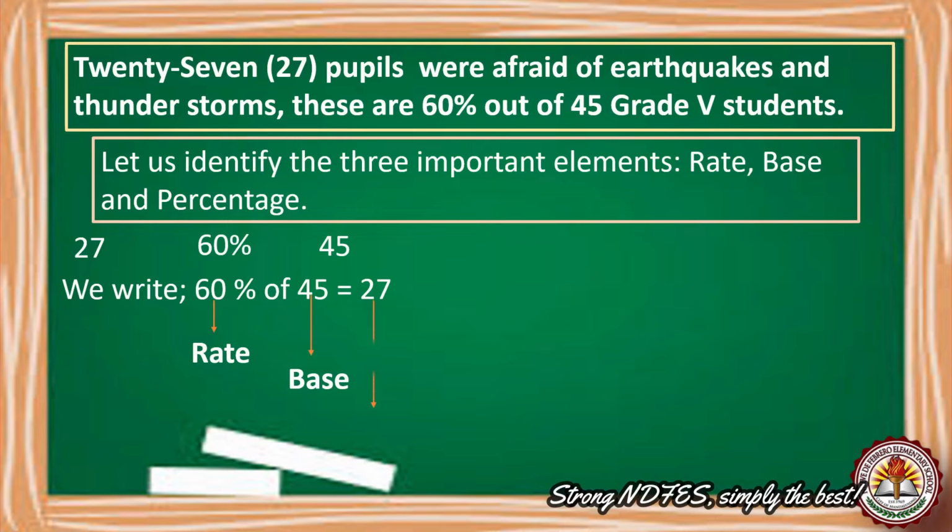Next is 27. So, the missing element is the percentage because rate and base are already given. So, 27 is the percentage.